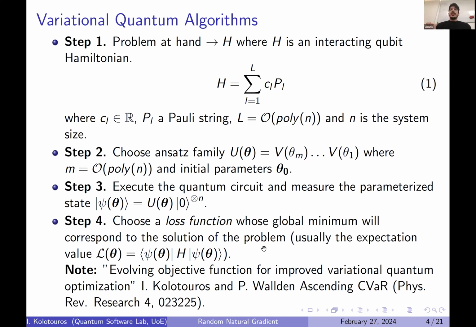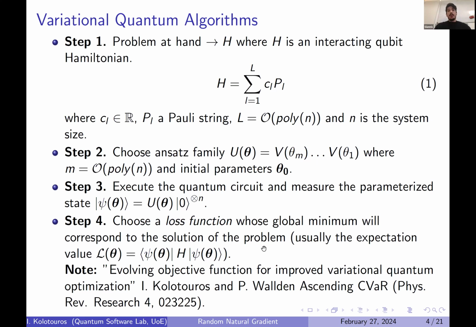Then the user selects a parameterized family of gates in the quantum computer, again with a polynomial number of parameters in the system size, and initializes the parameters of the quantum circuit at random. Then the user executes this quantum circuit and measures the parameterized quantum state, and with these measurements, the classical computer post-processes them and calculates some objective function. Not only the objective function, but sometimes its derivatives, its higher order derivatives, its Hessian, and so on.